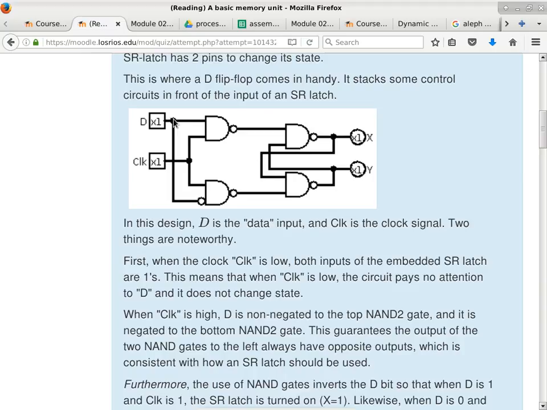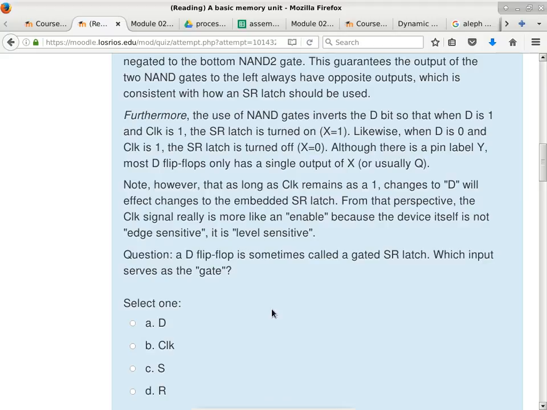When clock is a 0, we do not even pay attention at all to D. We just say maintain the state, don't change it. Is that okay? So this is known as a level-sensitive D flip-flop, which is also just known as a D flip-flop to be simplified.